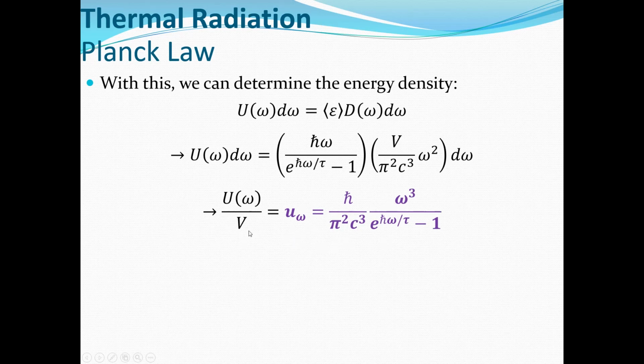We don't need to do that part, but what we could do is divide the V over. So this ends up becoming the energy density, the energy over the aspect of volume. We're going to redefine this concept with this little u. If you see the little u, that's supposed to be an energy density term, and that's going to be equal to all this junk right here.